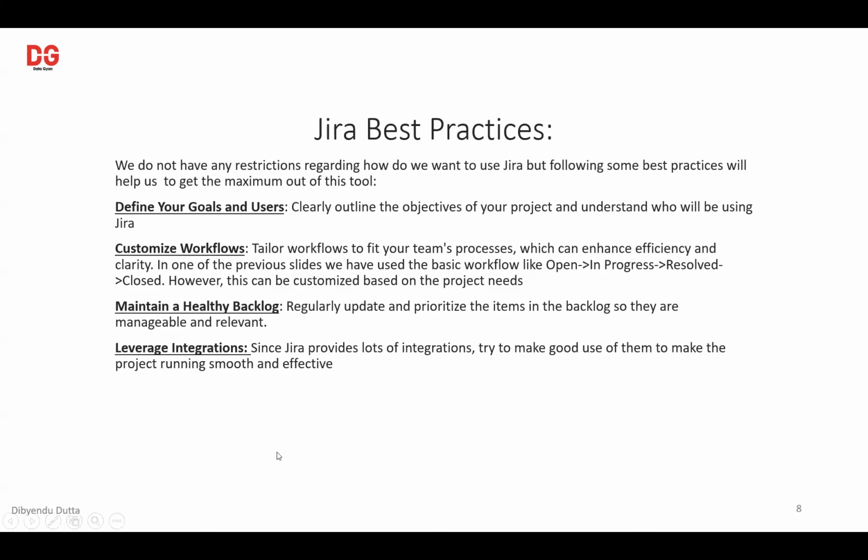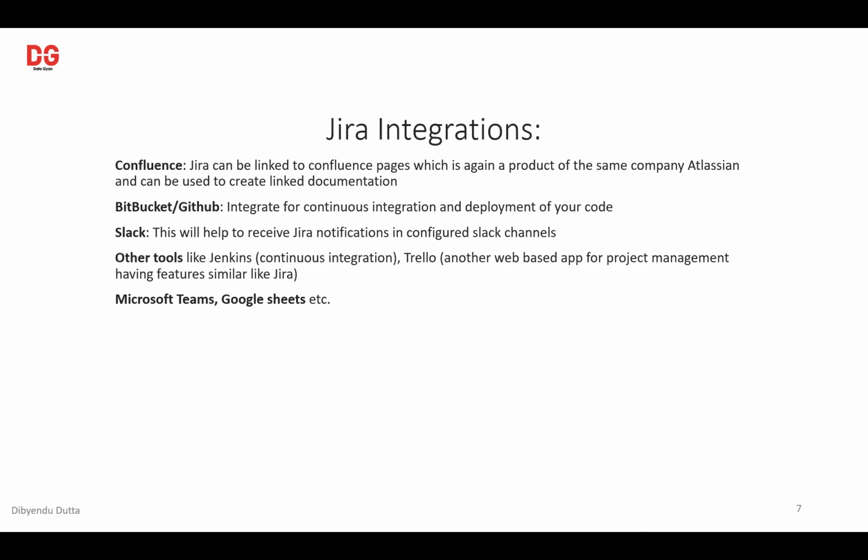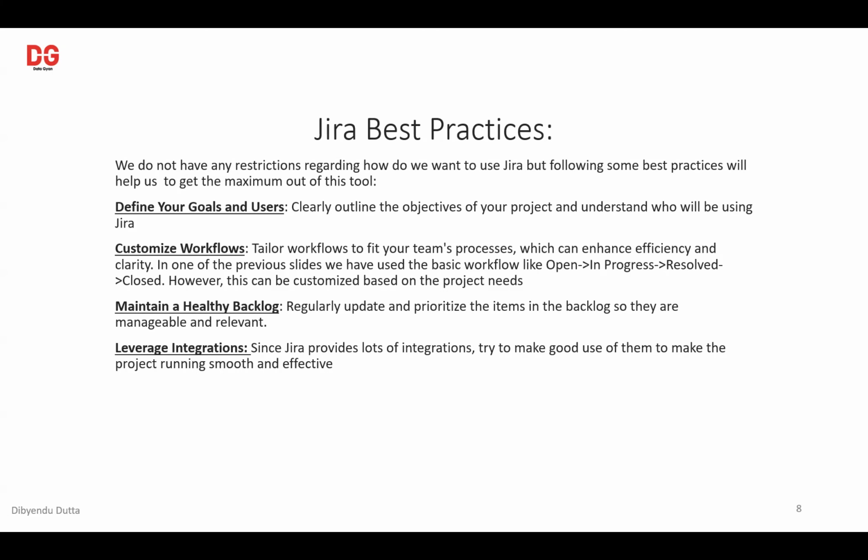And maintain a healthy backlog. That means whatever items you're putting in the backlog, update them regularly so that you know the current state of them. There should not be a stale backlog. If an item is done, it should be moved to done. It should not be lying in to do or somewhere else. And then all the integrations which Jira provides, make sure you are using them to the fullest so that you can get the best out of this tool.